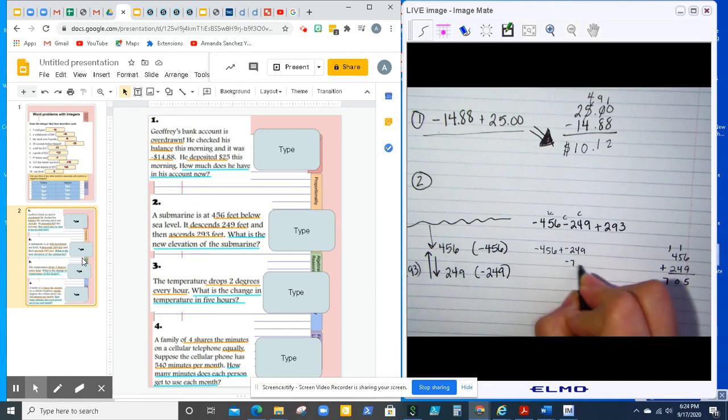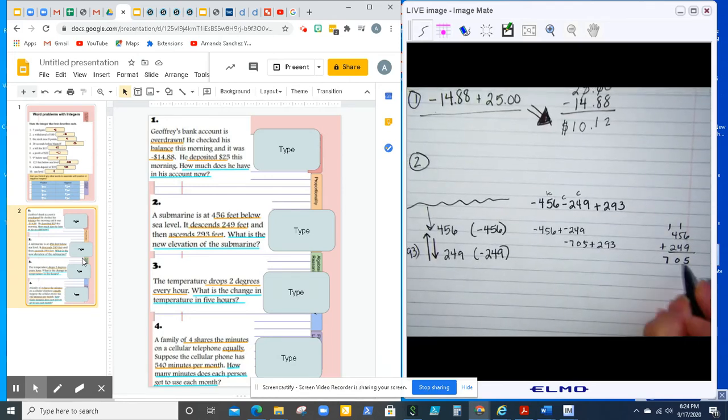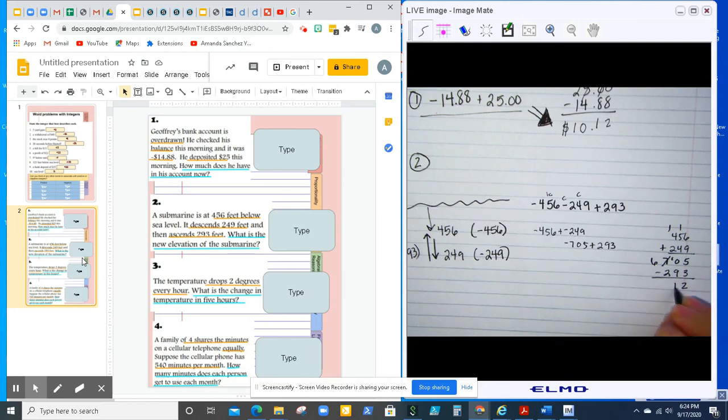So now negative 705 plus 293. The signs are different. You subtract. So now you take your 705 and you subtract your 293. 5 minus 3 is 2. You got to borrow from the 7. Becomes a 6. This becomes a 10. 10 minus 9 is 1. And then 4.